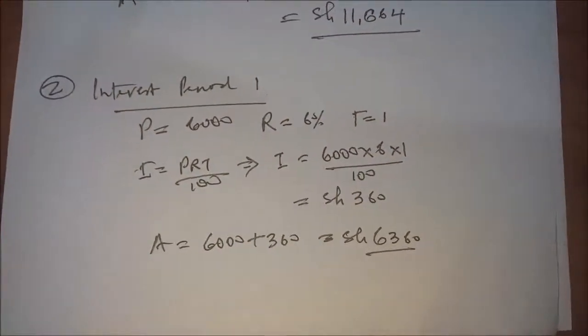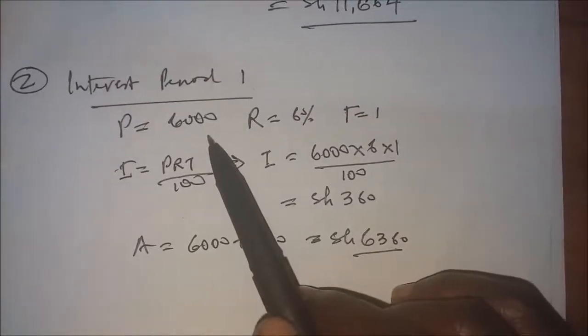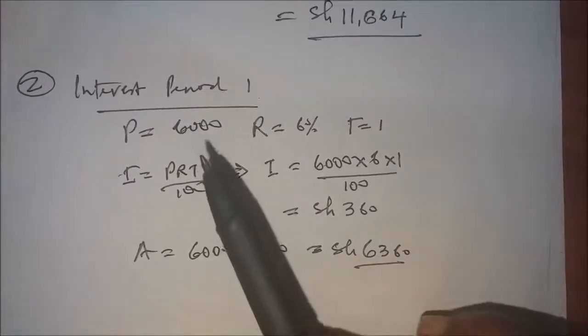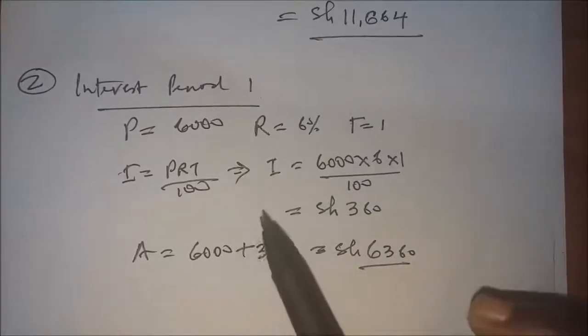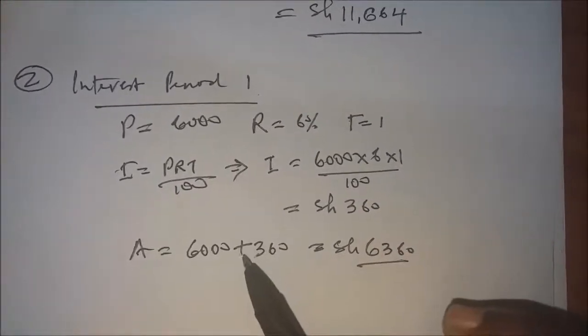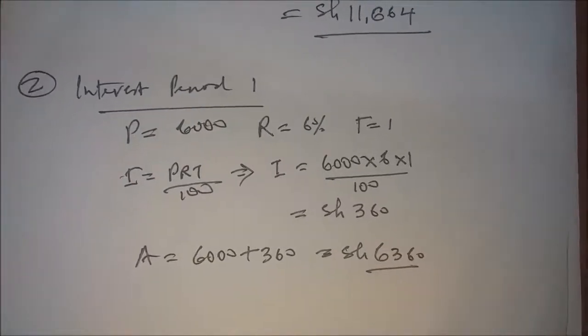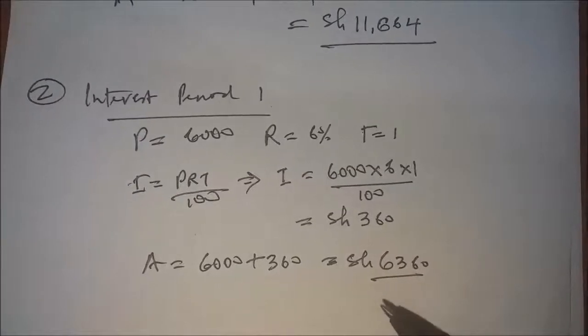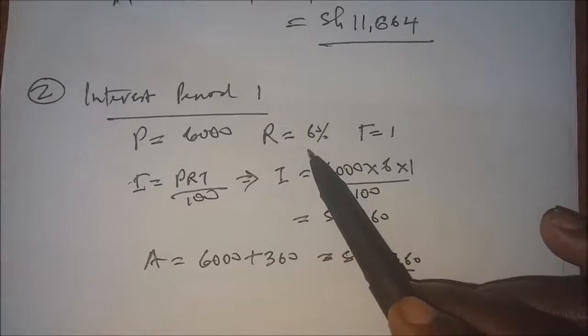Question 2. 6,000 was invested at 12% per annum for 18 months, but interest was compounded semi-annually, that is every 6 months. And that means if the annual rate was 12%, the rate for 6 months will be a half of 12, which is 6%.